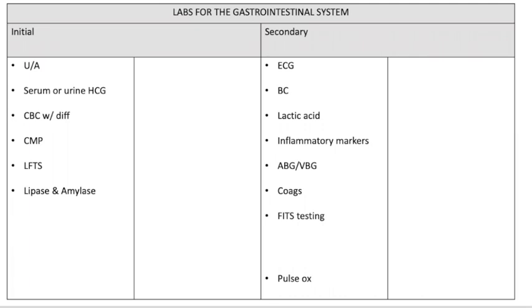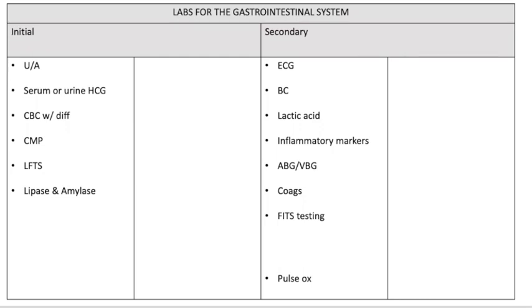Inflammatory markers, this is going to be your C-reactive protein, and that is that non-specific inflammation marker. And then coag studies. So this would be for patients with suspected vascular causes, such as aortic dissection, ruptured AAA, or acute mesenteric ischemia. FIT testing is used for patients at high risk for colorectal cancer.